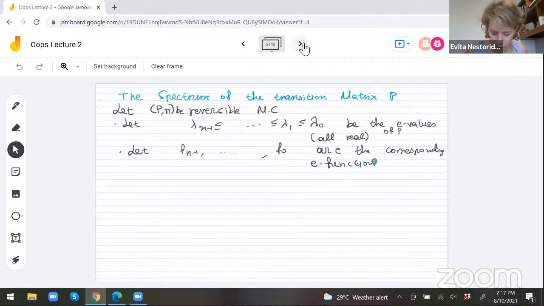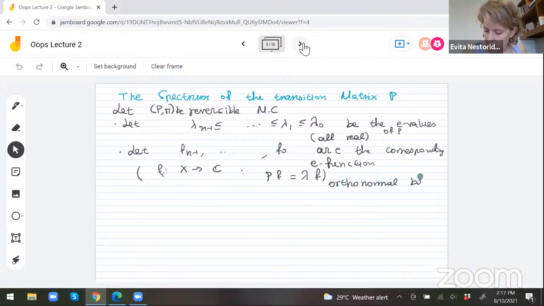By eigenfunctions, of course, I mean that all these fi's are from X to R. And then if we apply the transition matrix, P f_i will be lambda_i times f_i. And they are also orthonormal with respect to the stationary measure, the inner product that we defined.